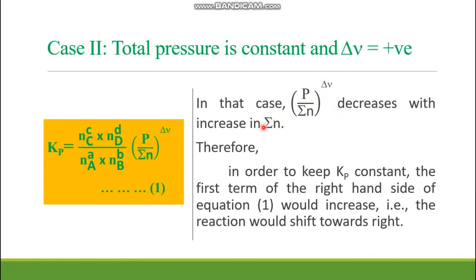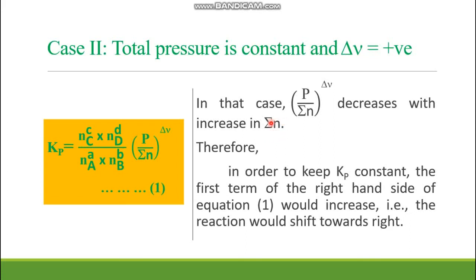Why summation n? Why does it increase? The answer is, since some inert gas is introduced in the system, this value would increase, because it is a summation of the number of moles of all the substances. So it is Na plus Nb plus Nc plus Nd plus N0.